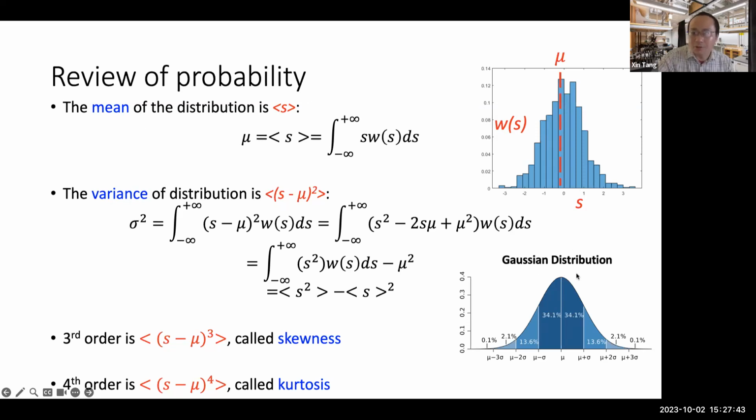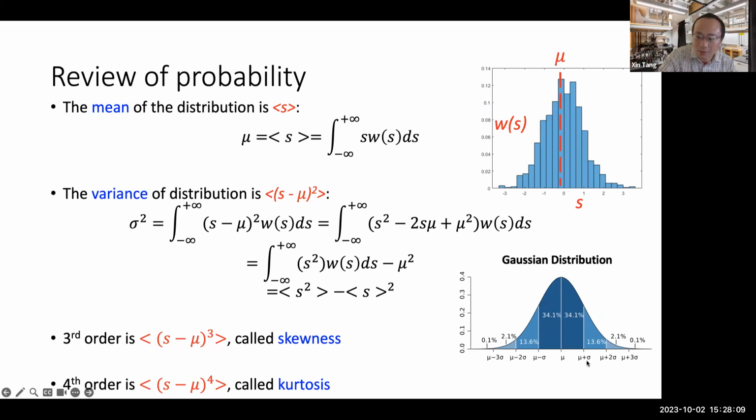For the Gaussian distribution, also called the normal distribution, the mean is mu, and the variance, taking the square root, becomes the standard deviation. It demonstrates how widely the distribution expands around the mean.